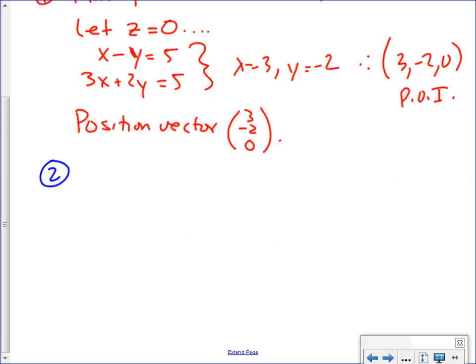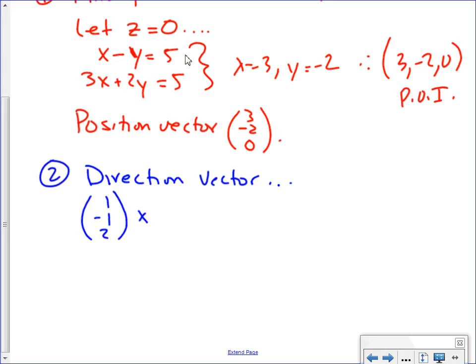All right, so part 2, find the direction vector. So 1, -1, 2, cross 3, 2, 1.